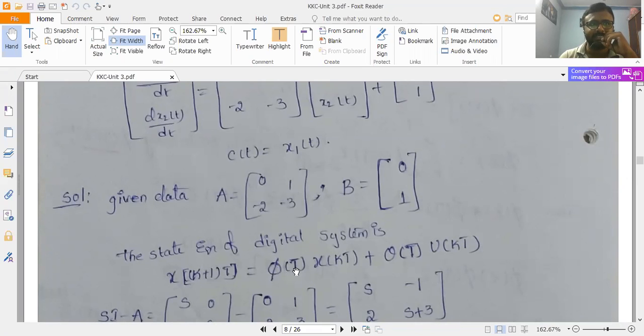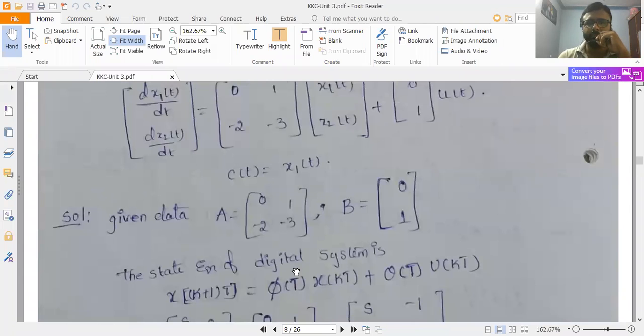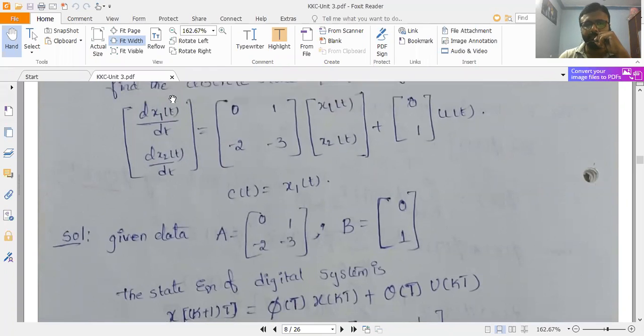So in the given statement of the problem, the variables are represented as t. That means it is a continuous time signal. The given statement is in continuous time, not in discrete time.